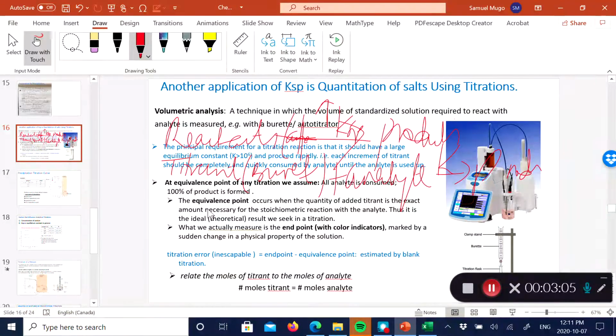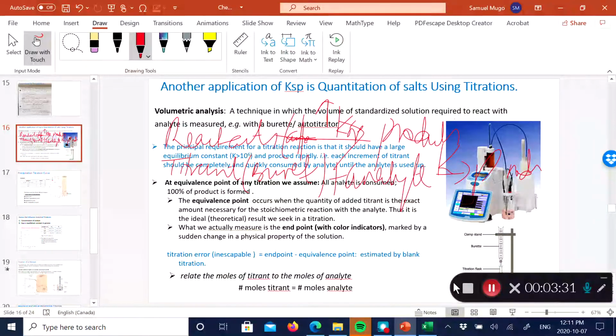The equivalence point is a point at which you've added enough known volume of the titrant, whose concentration is known anyway, and those moles you've added equate to the moles of the analyte that is present.